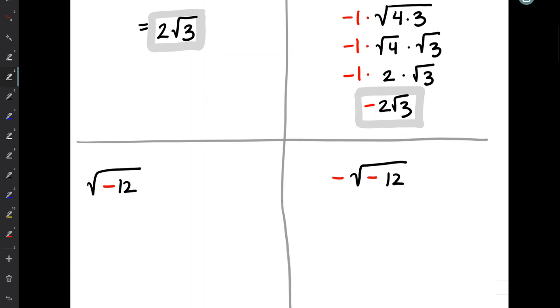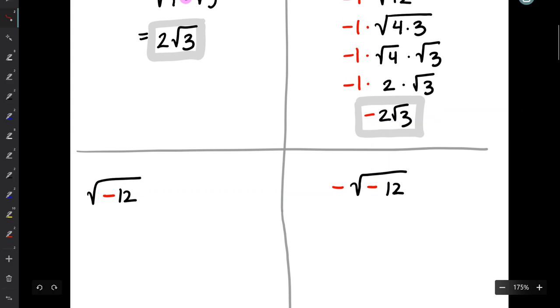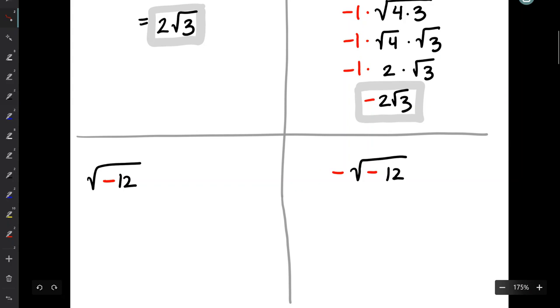Okay, so now when the negative is in the radical, we actually can take it out and see that we've got an i times the square root of 12. This answer is going to be i times 2 root 3. All right, but let's go ahead and see that by writing out all the steps.